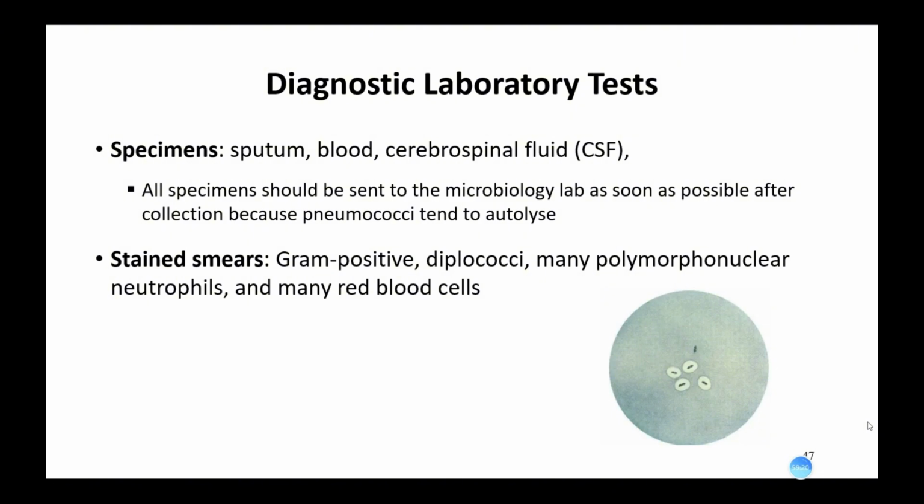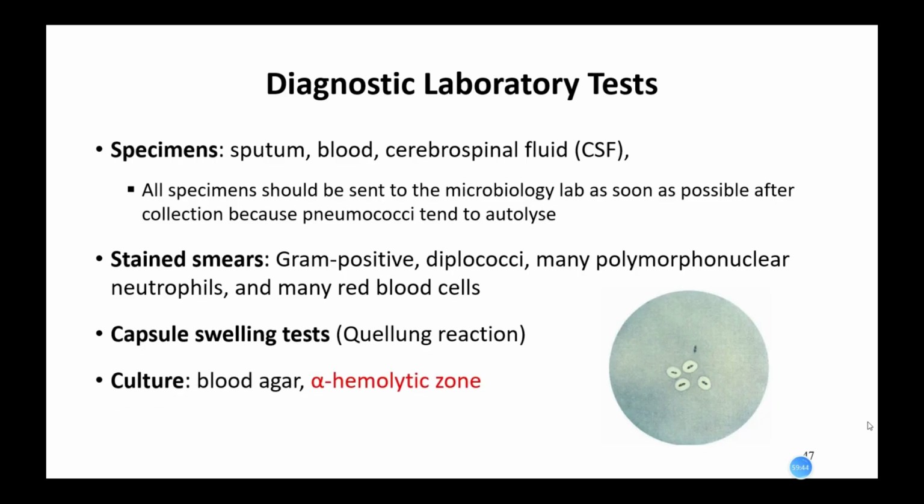This is a typical morphology. And you can also see many neutrophils and many red blood cells. So the bacteria can induce the neutrophil infiltration. And the specific test is the capsule swelling test we explained just now. Culture, we use blood agar, and it's alpha hemolytic.